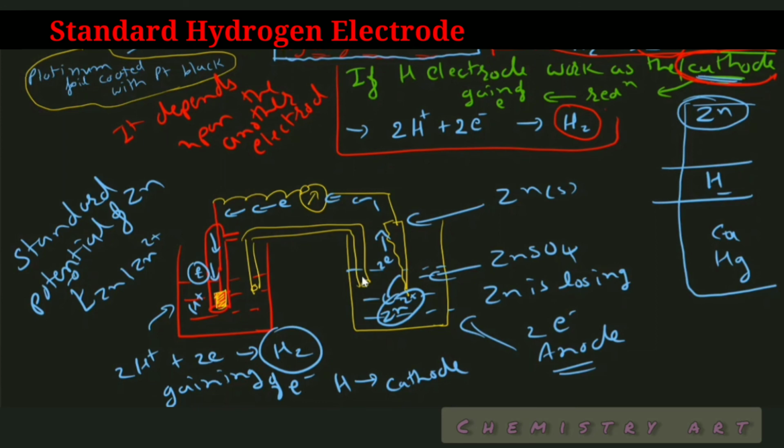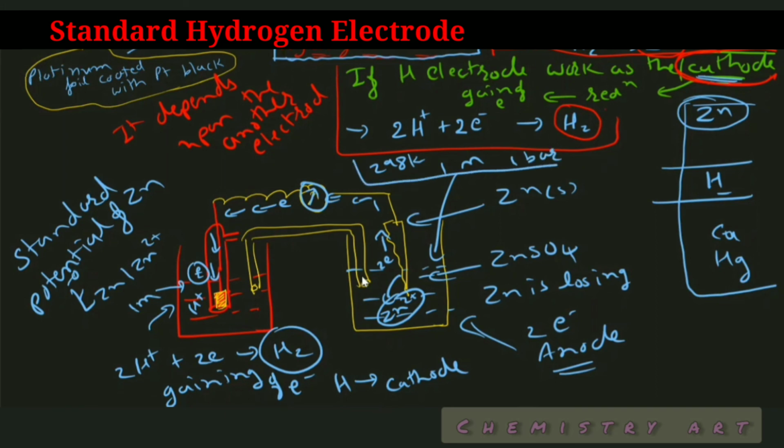Now like this you can measure the electrode potential of any electrode. The electrons are moving from zinc to hydrogen, which means there is a flow of electrons, at 298 Kelvin, with 1 molar concentration and 1 bar gaseous pressure of hydrogen.